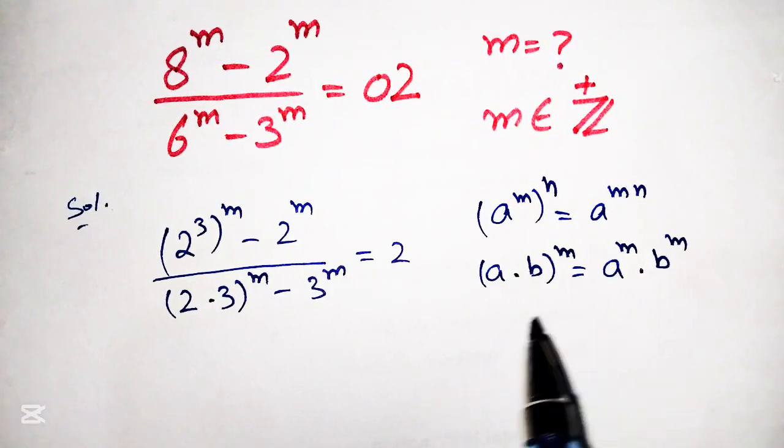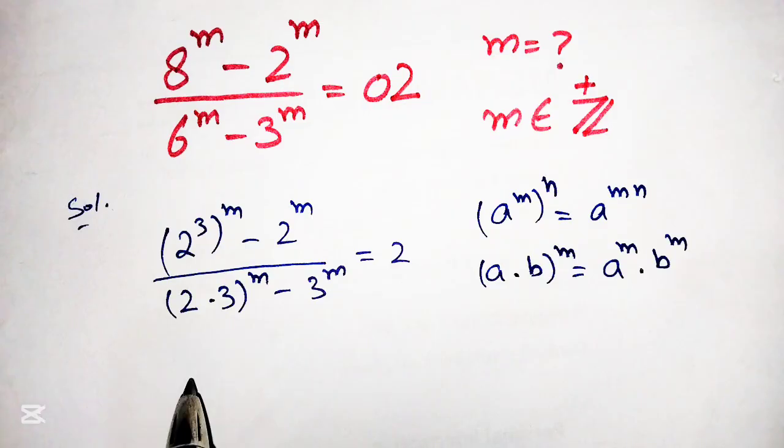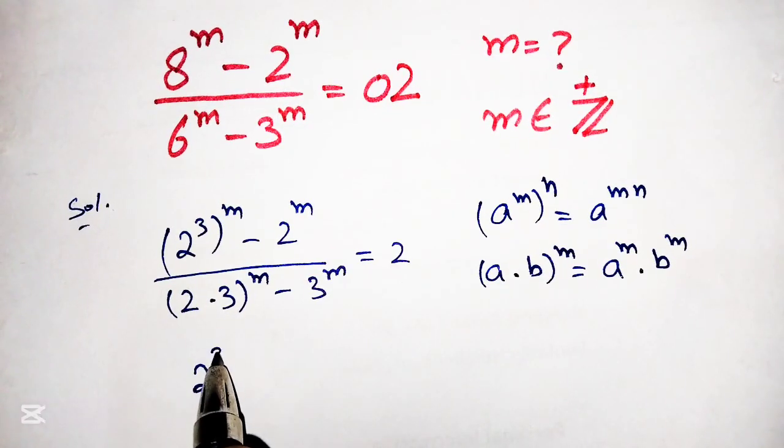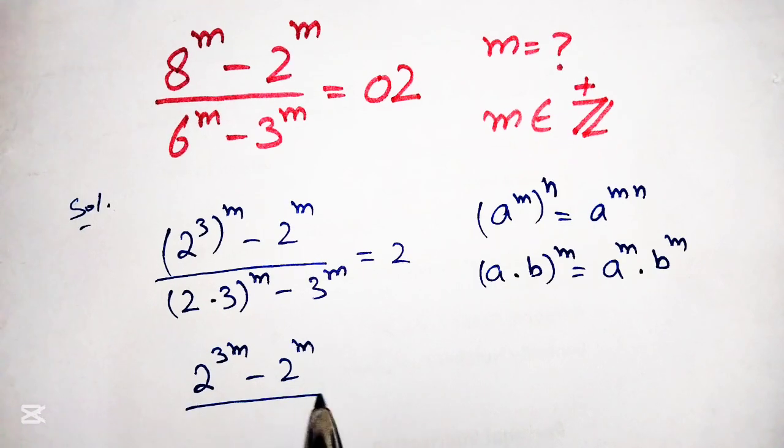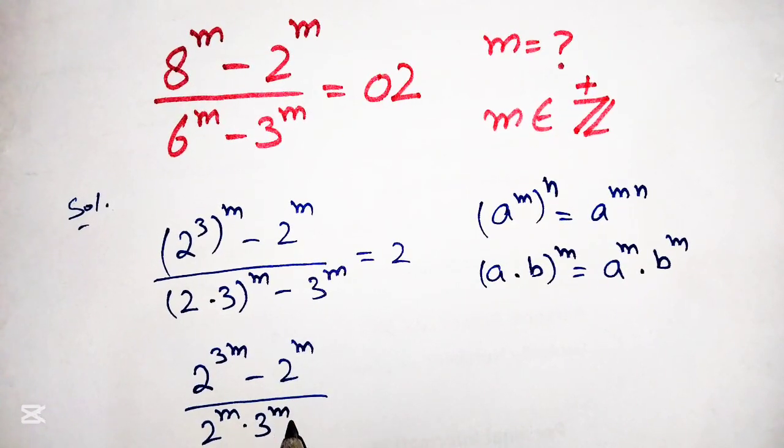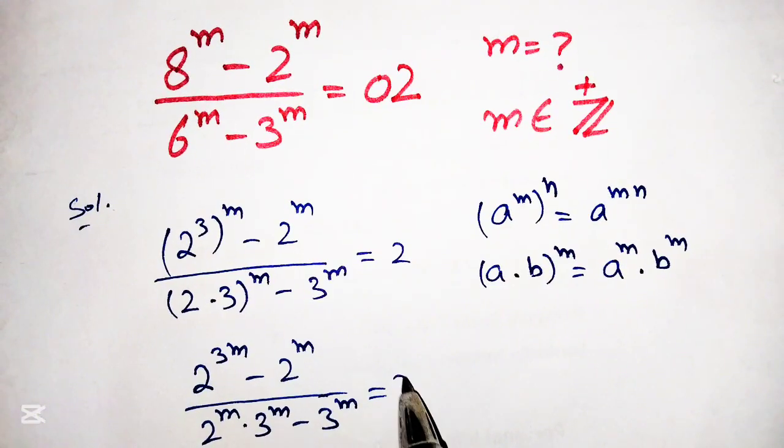So using these two formulas we can rewrite this equation as (2^(3m) − 2^m)/(2^m × 3^m − 3^m) = 2.